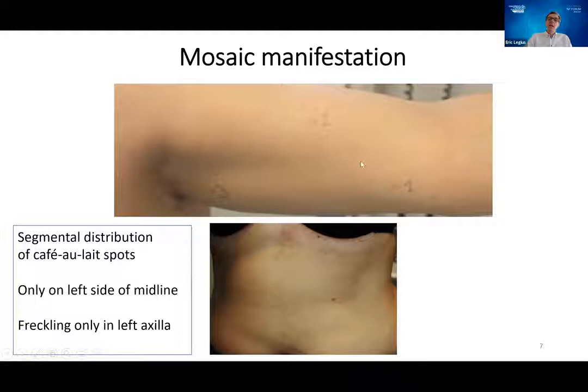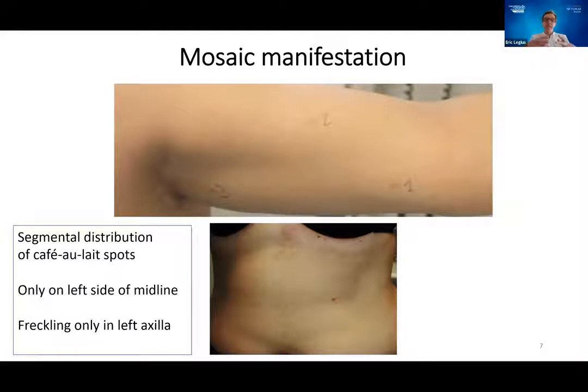You see 3 different café au lait spots, and you also see axillary freckling in the left armpit. On the right side of the body, there were no café au lait spots, no freckling, nothing at all. So this is a form of mosaic neurofibromatosis type 1, where the genetic error is only present in part of the body, and in this particular case, only on the left side.